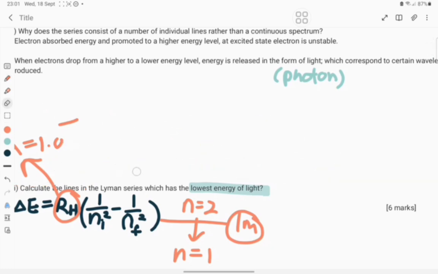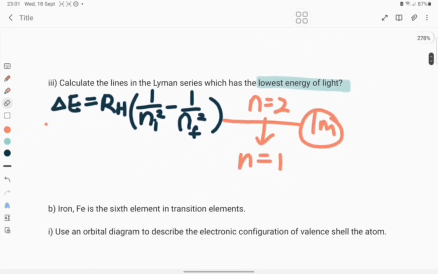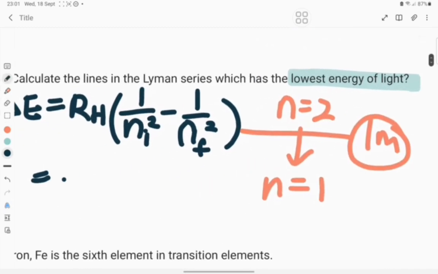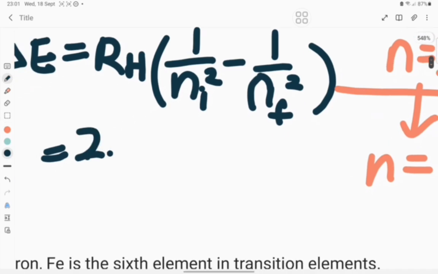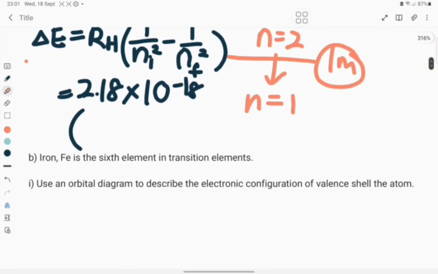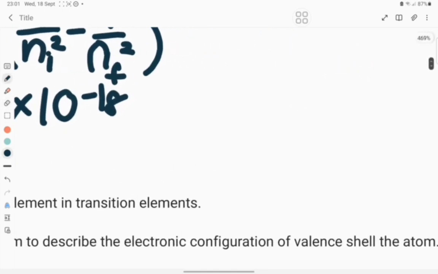Okay. So for this question, it wants to find energy. Therefore, we use the value of 2.18 times 10 to the power of negative 18. Then, this is initial, right?